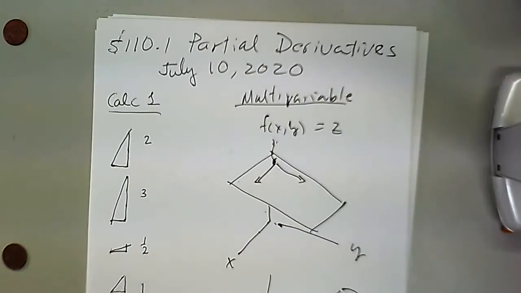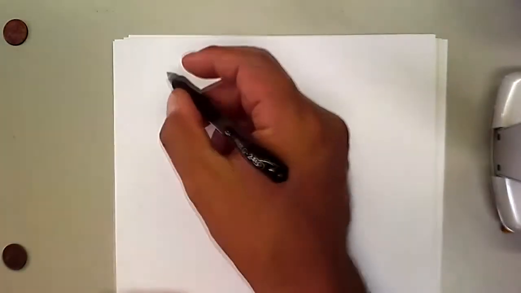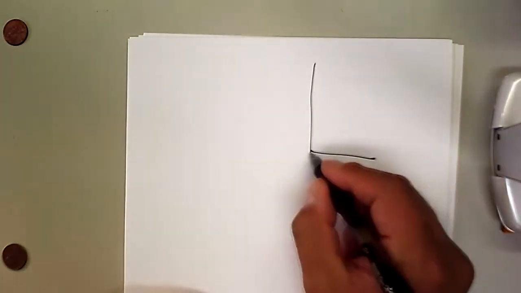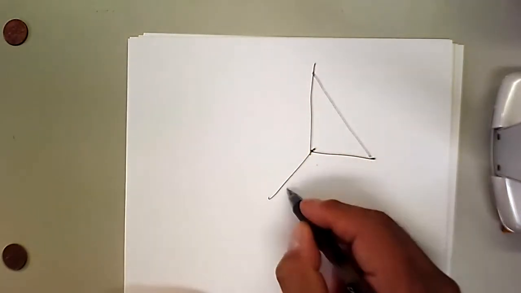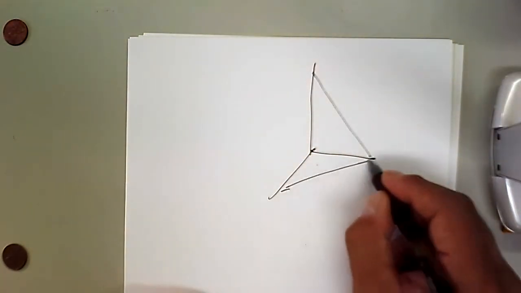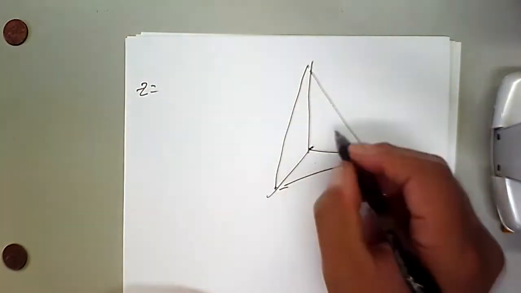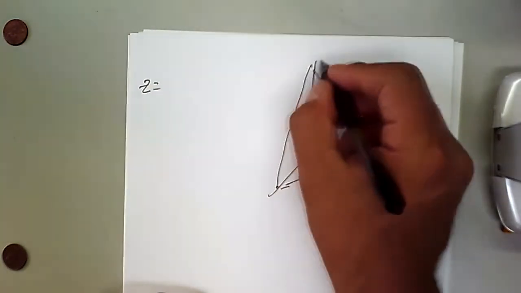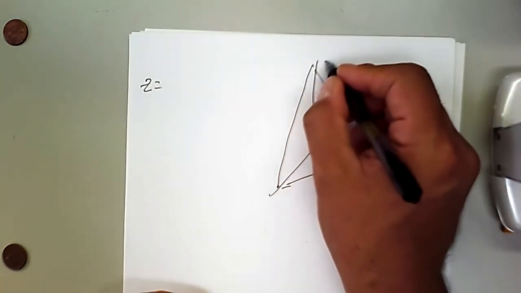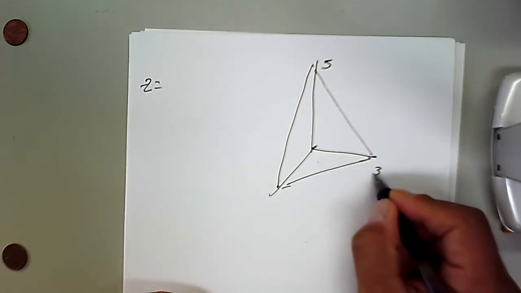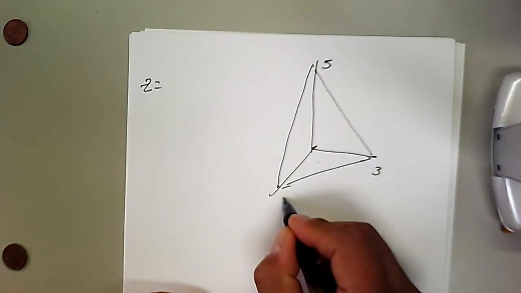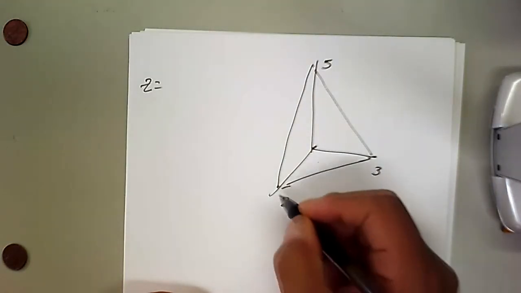How do we find partial slopes? Let me give you an example first. Remember, we did this in a previous video. We found the formula for a plane whose z-intercept is 5, y-intercept is 3, and x-intercept is 2.